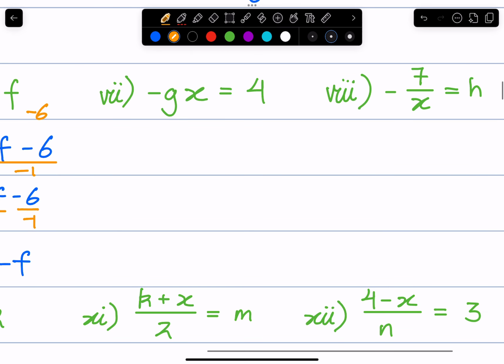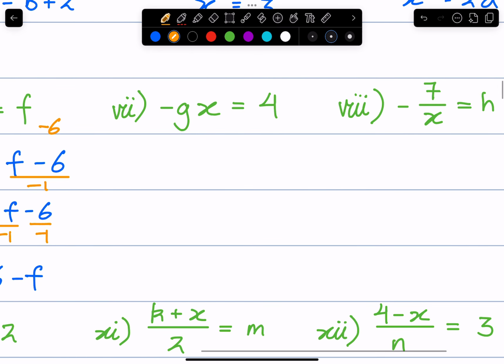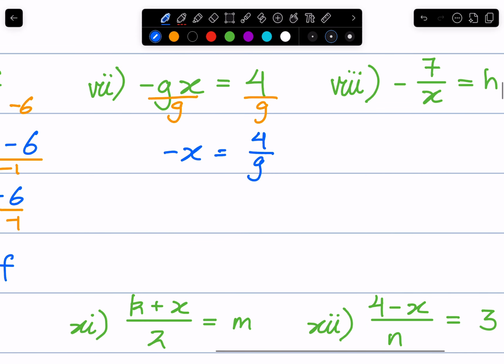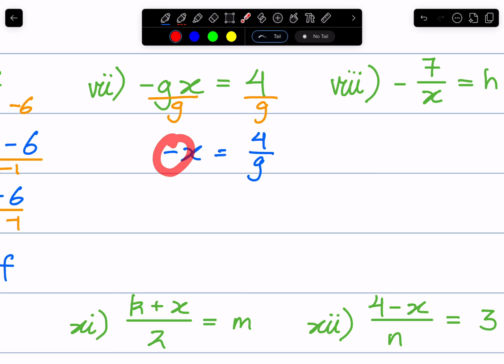For this, you can actually do this in one go. So you could do this as divide by g, like so. But this leaves us with negative x equals 4 minus g. Okay, however, let's actually do that for this step. When we now divide by negative 1, these do not flip. That's a common mistake that students make. What you're mistakenly remembering is dividing to the power of negative 1.